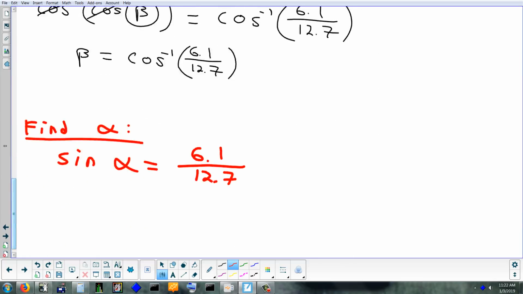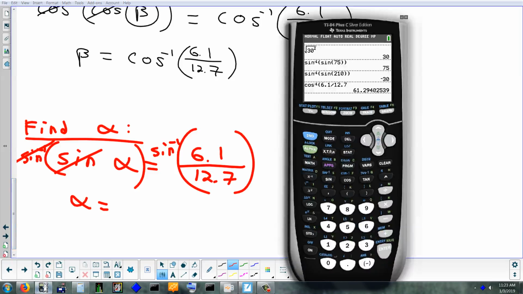Okay, so now we got an equation. We got to get alpha by itself. It's inside the sine function, so we got to get rid of the sine function. Tori, how do I get rid of my sine function? You use the inverse of sine. Yep, we're going to take the inverse sine of everything on the left and then everything on the right. Inverse sine, regular sine, cancels out. Take the inverse sine of everything that's on the right. And once we type that in, that's our answer.